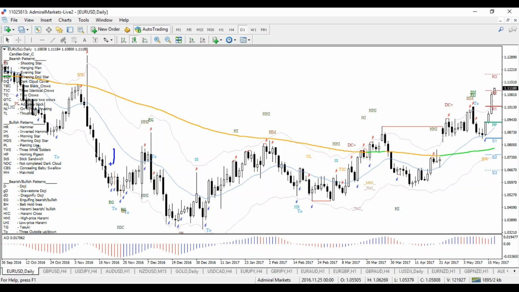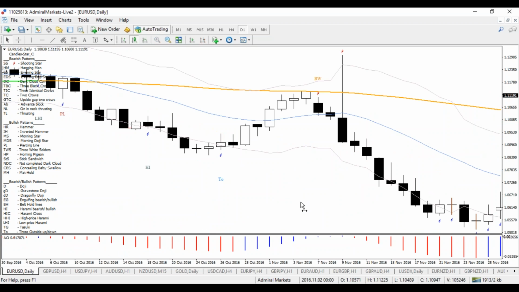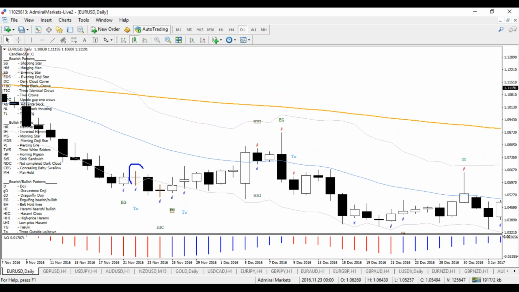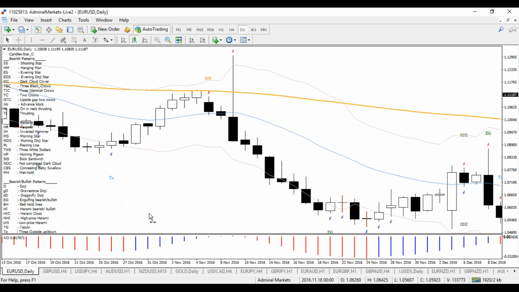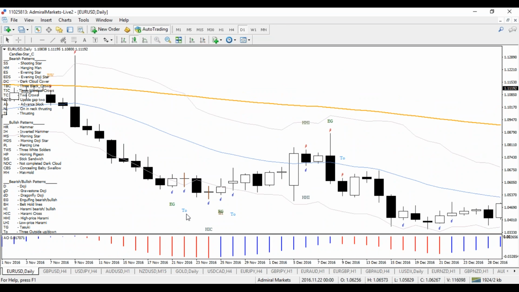Now this one actually has a candlestick in the Keltner. Let me zoom in a bit better so you can see that right here. But it's a doji, and it says TO, I'm not even sure what candlestick pattern that is. One second. TO 3 outside up down.